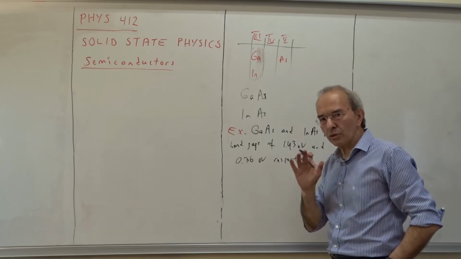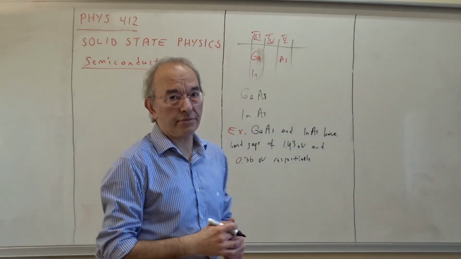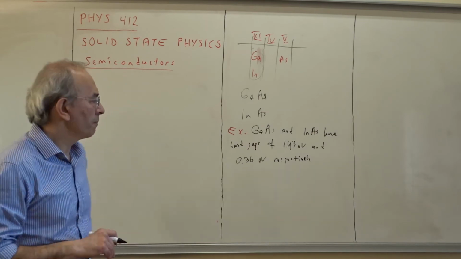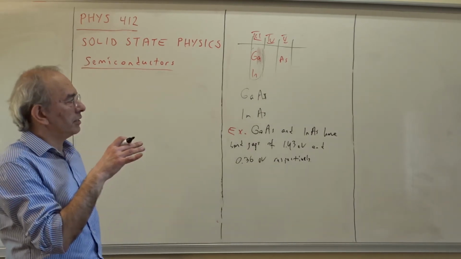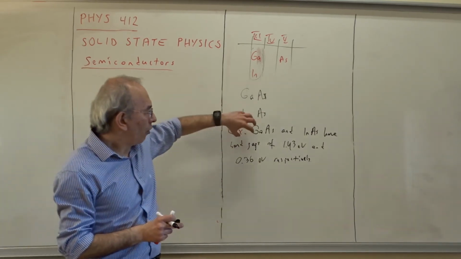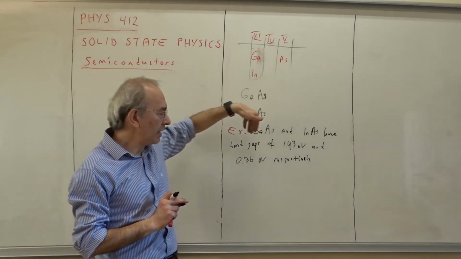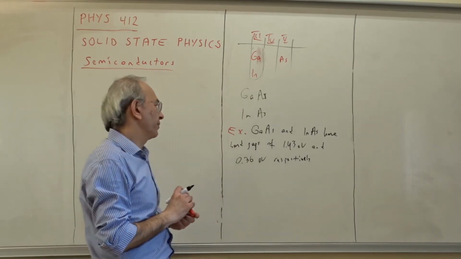So the numbers are not too important, but the idea is rather significant from the physical point of view. Gallium arsenide or indium arsenide, which means if all the gallium atoms are replaced with indium atoms, we have a different band gap.